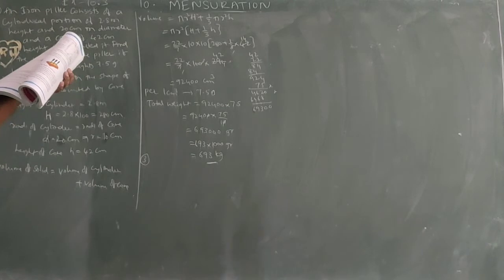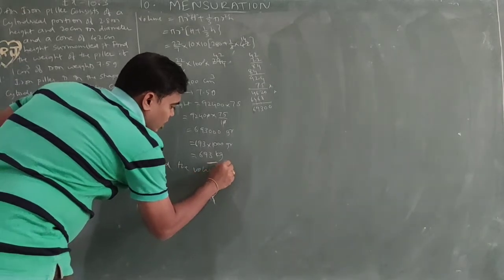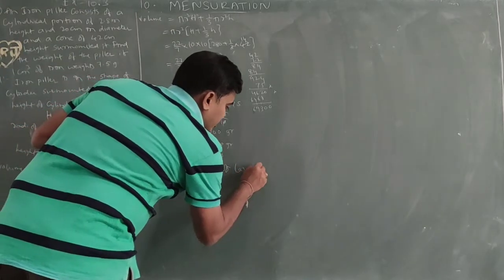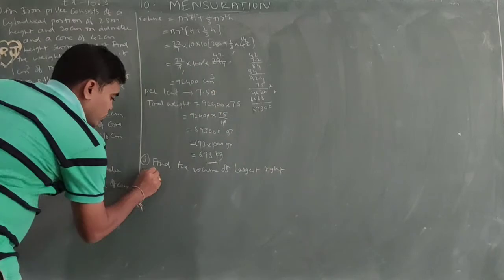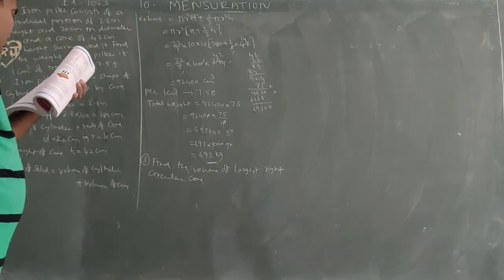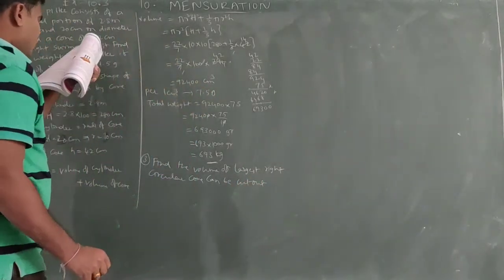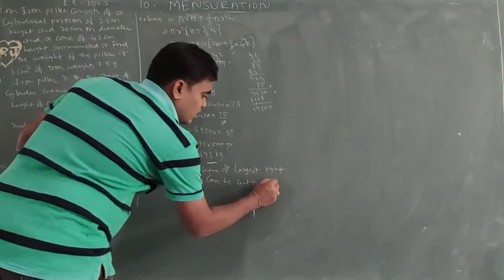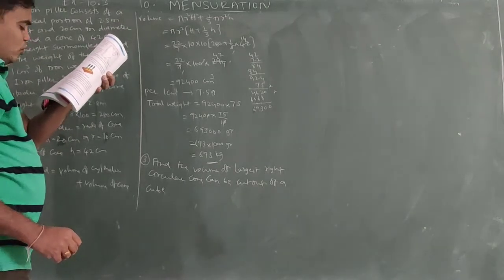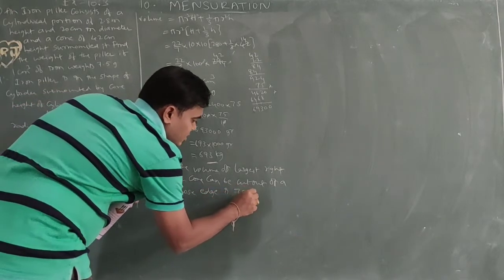Find the volume of the largest right circular cone that can be cut out of a cube whose edge is 7 centimeters.